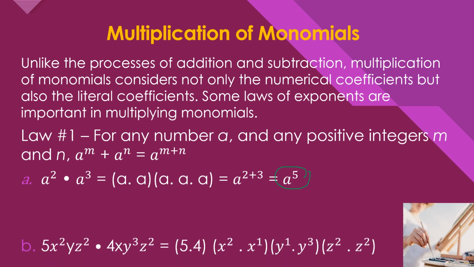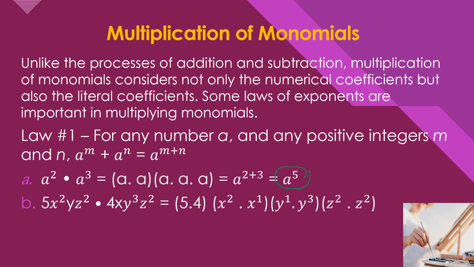Okay, next. We have 5x squared y z squared times 4x y cubed z squared. So we multiply the constants or the numerical coefficients, which are 5 and 4, and we add all the exponents: 2 plus 1, and then 1 plus 3, and then 2 plus 2.